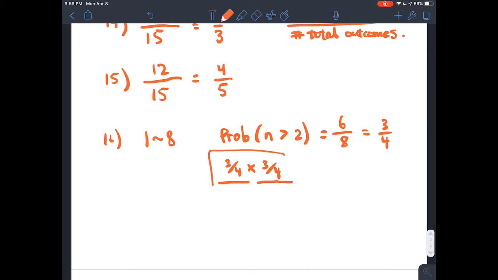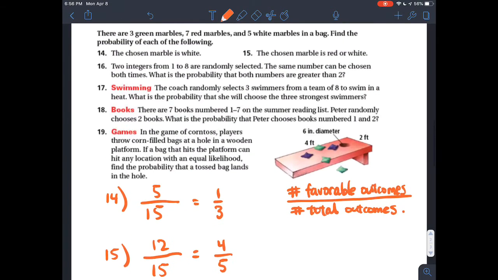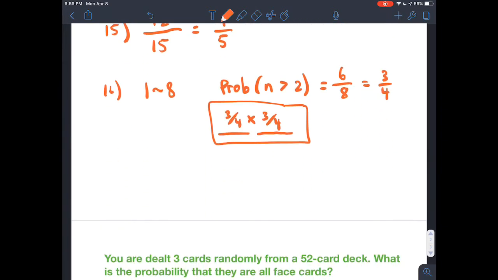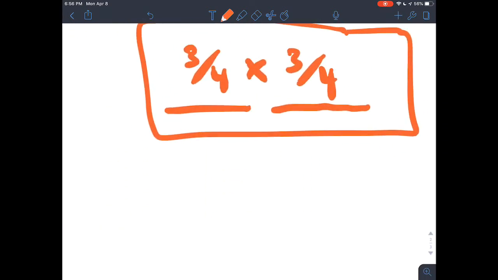Okay, and the reason we do that is because the first 3/4 represents the probability that the first number chosen is greater than 2. So that means 75% of the time the first number will be greater than 2. And of those 75%, 75% of that will have the second number also greater than 2.